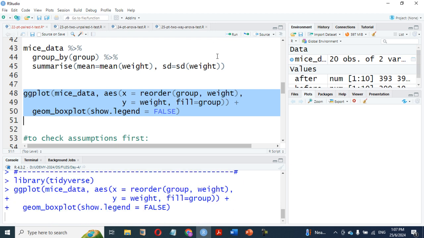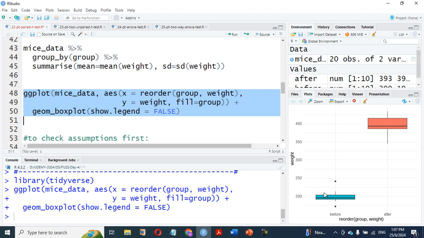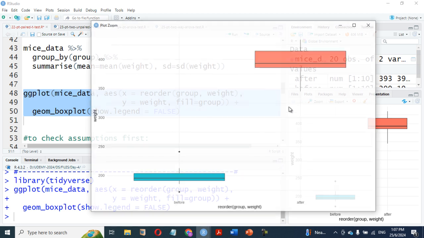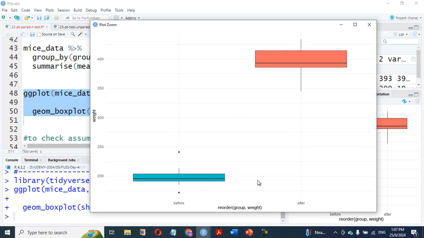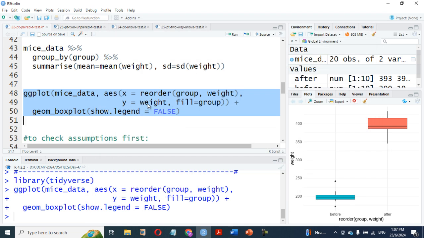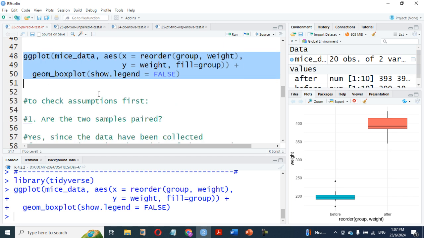So if I run this plot now, okay, we have before and after. Normally it's supposed to be after, before, but I have to do that so that you can have before and after. So you can see the weight here. You can see before and see after. See, they are not the same. Looking at it now, they are not the same. The margin is far, but you want to see if this particular difference we see is significant.